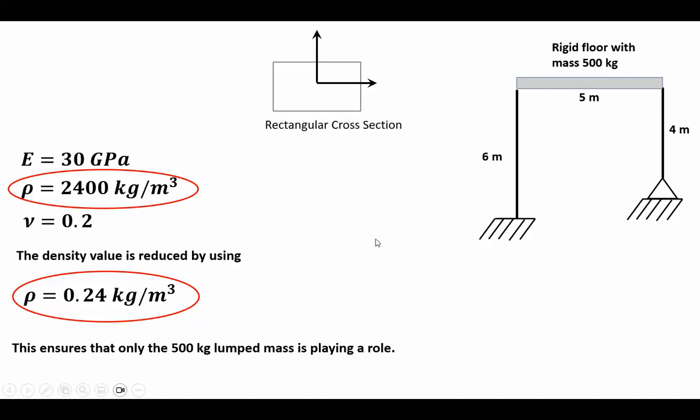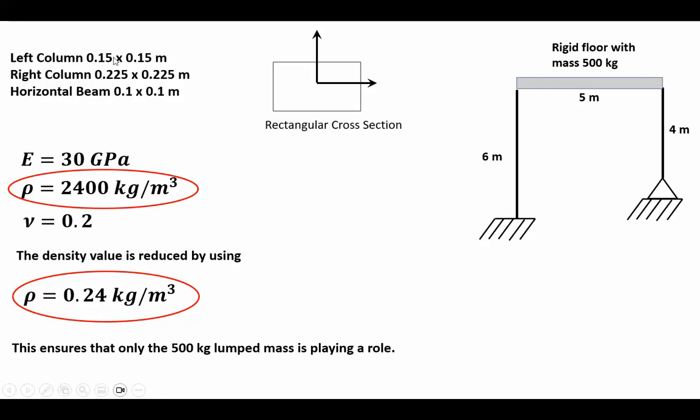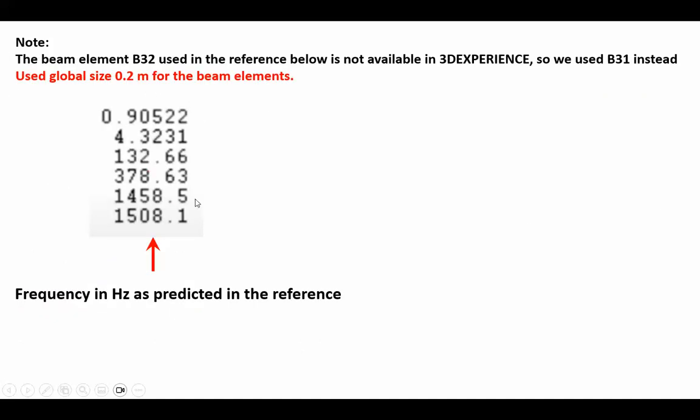Okay. The cross sections are rectangular or square actually. So these are the dimensions, and the answers that we got in tutorial 2 coming from that YouTube reference is given here. We're going to be comparing our results there.